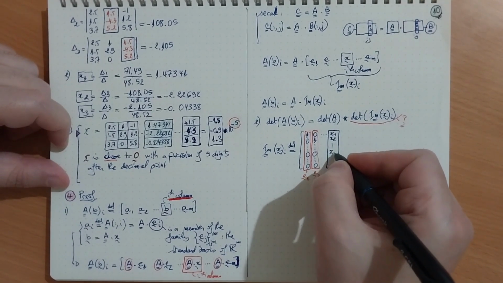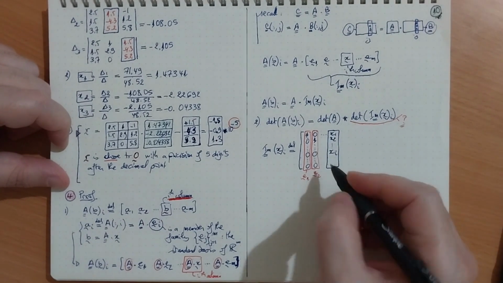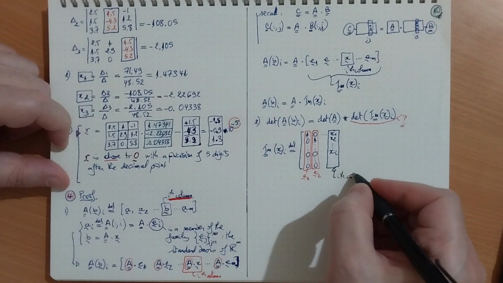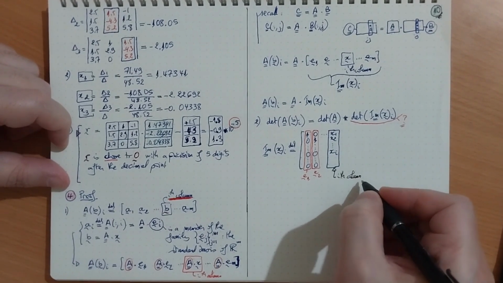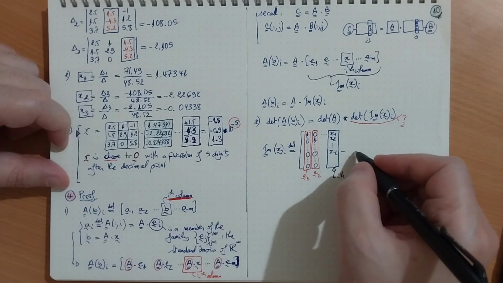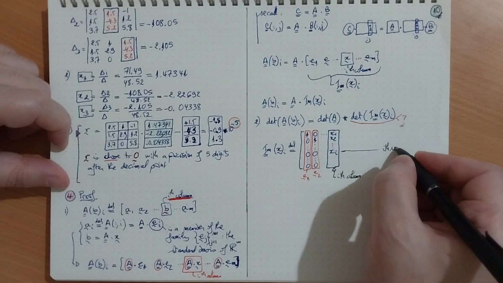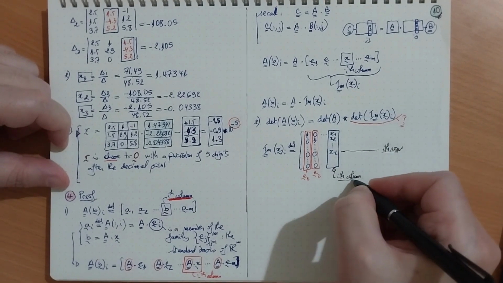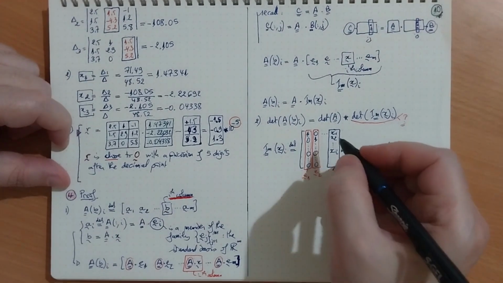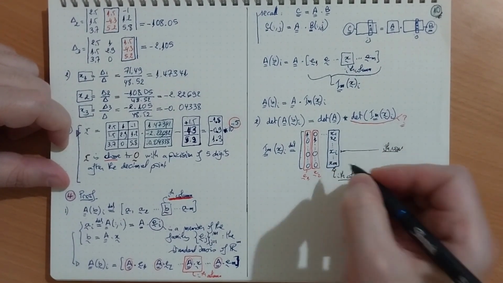until Xi. So this is the ith column, and this should be the ith row. And then we continue here Xi till Xm.